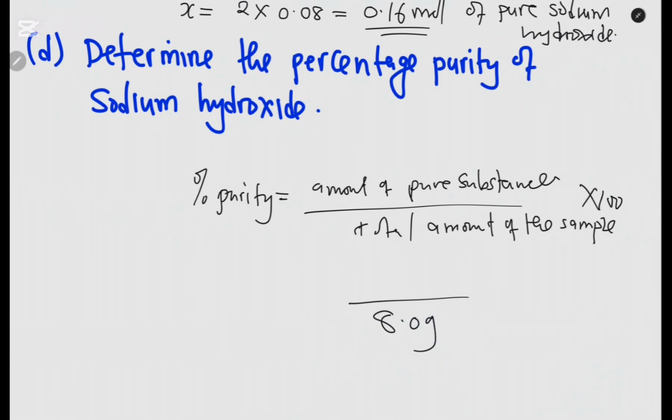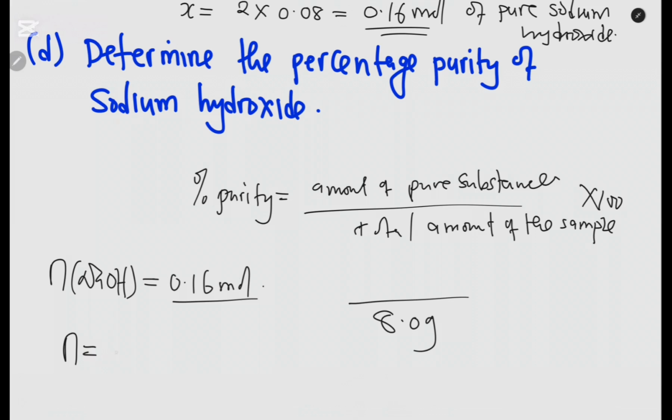But what about the amount of the pure substance? For us to find the amount of the pure substance, we have the number of moles of the pure sodium hydroxide, which is 0.16 mole. Remember, we calculated them. Now, if you have the number of moles, we can use the formula number of moles equals mass over molar mass and find the mass of the pure. So mass is equal to number of moles multiplied by molar mass.